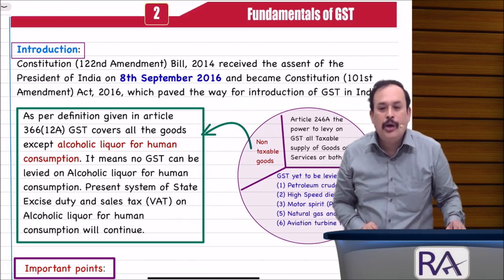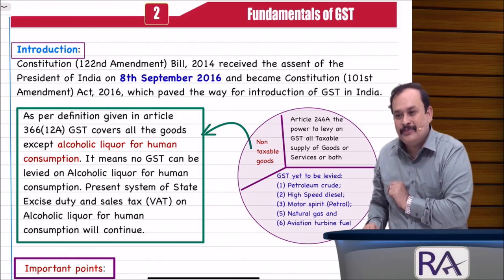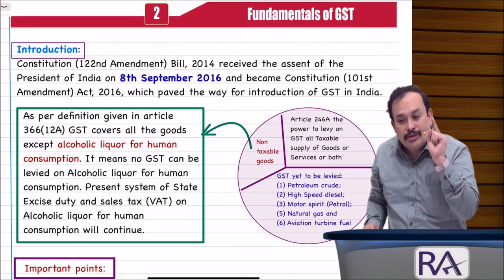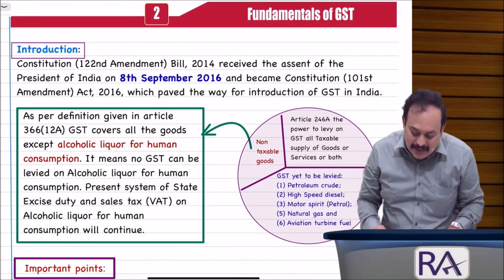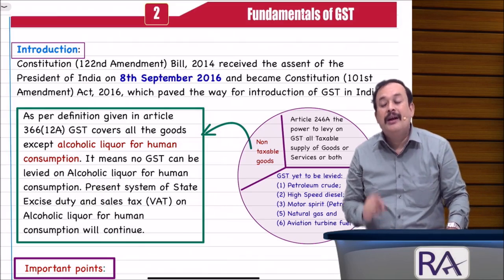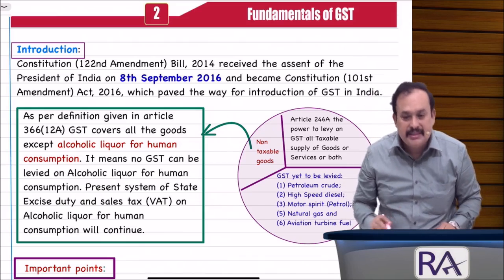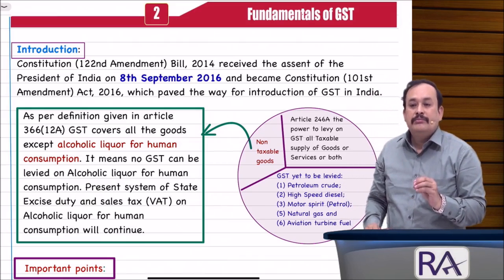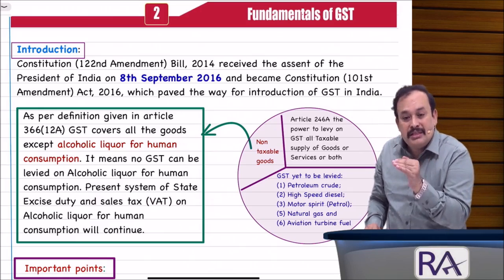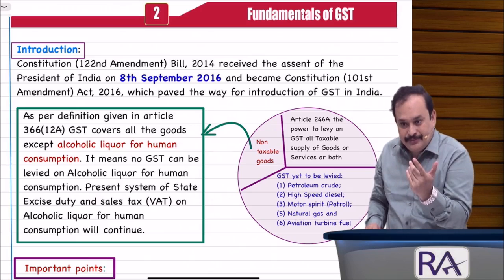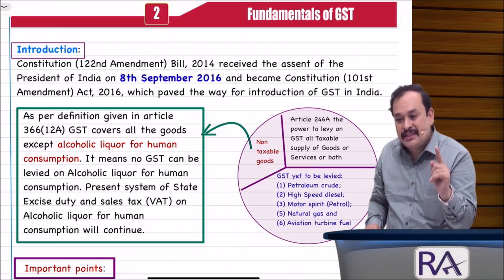Here we have the constitutional amendment to bring the GST legislation. 122nd Amendment Bill 2014 received the assent of the President of India on 8th September 2016. On this date, the bill became an act, but was not implemented.